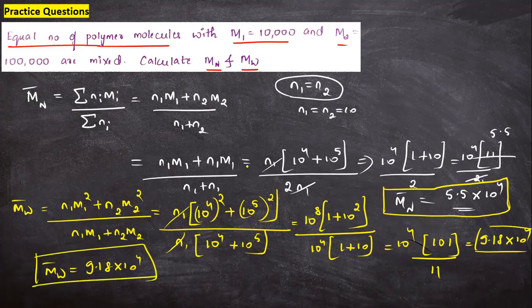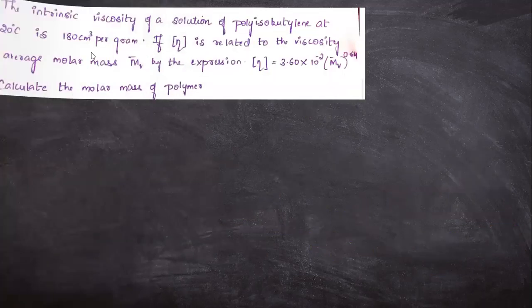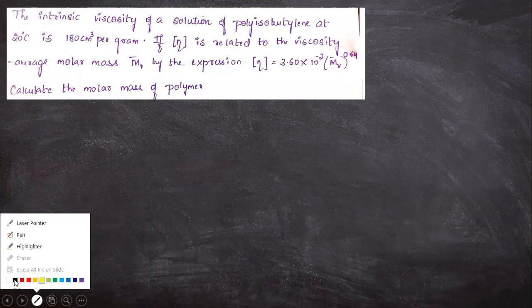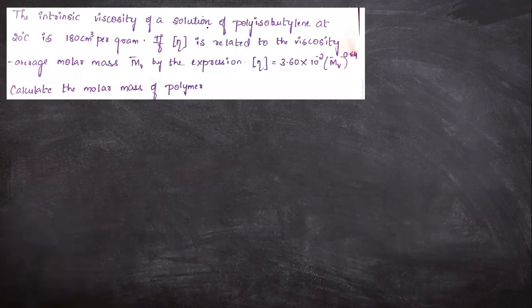So this is a way to solve, guys. Let's move on to the next question. They have given the intrinsic viscosity of a solution of polyisobutylene at 20 degrees Celsius as 180 centimeter cube per gram.